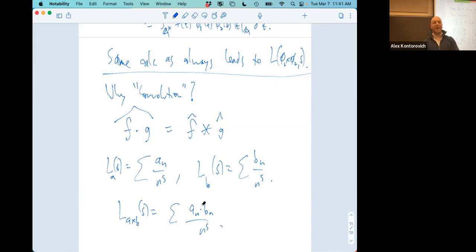So if you think of these as Fourier coefficients, it's like taking the Fourier transform to go from the L function to the a's, and the same from the L function to the b's. Then you take their product and you take the inverse transform to get back to the L function. So it is indeed the same shape as a standard convolution.